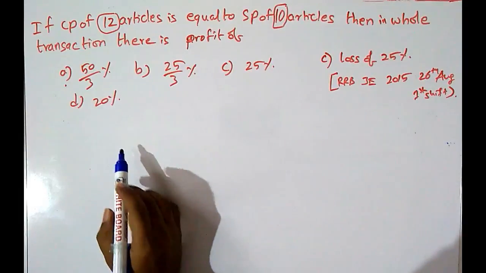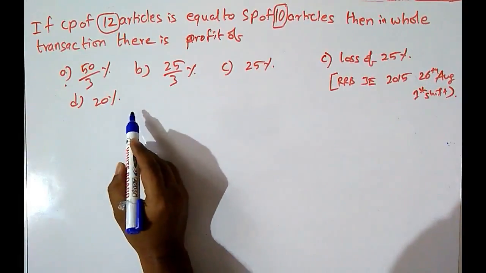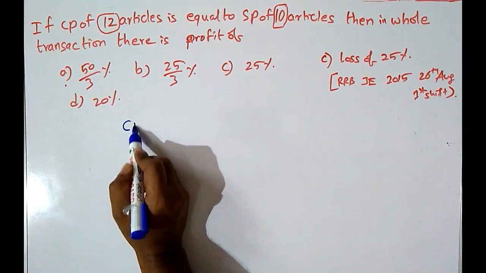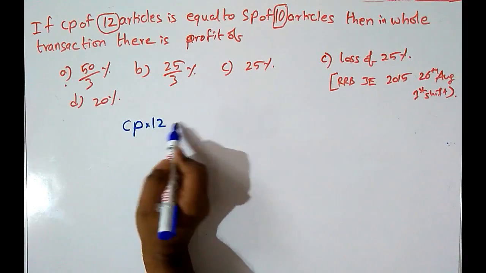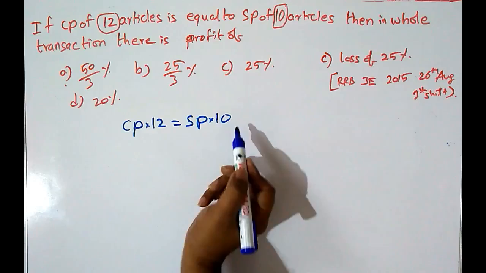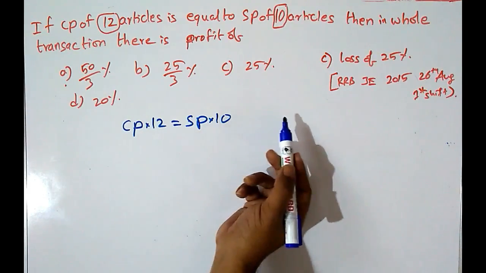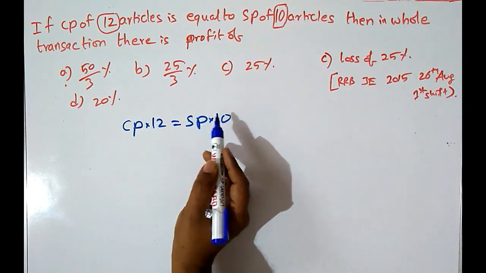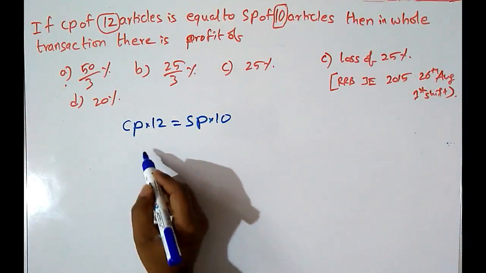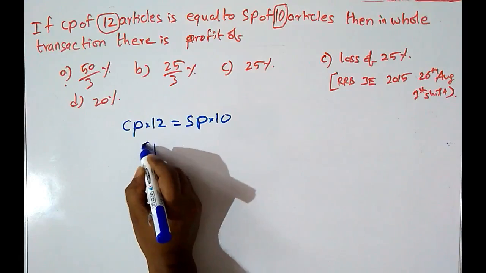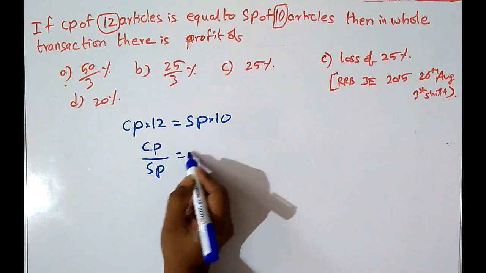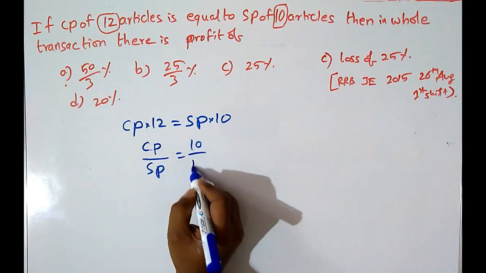Okay, friends. If the CP of 12 articles is equal to the SP of 10 articles, then in the whole transaction we have to find how much is the profit. In the same way, CP divided by SP is equal to 10 by 12.